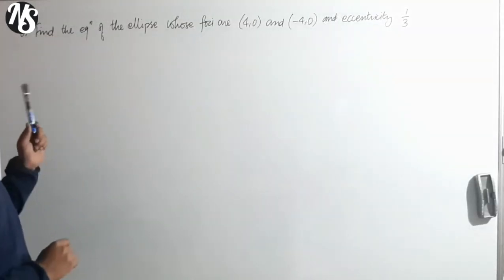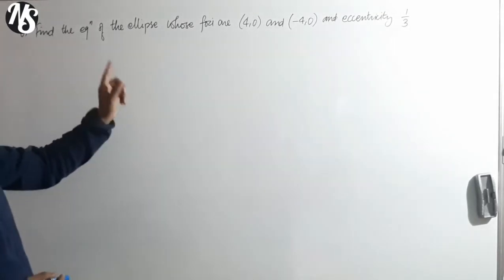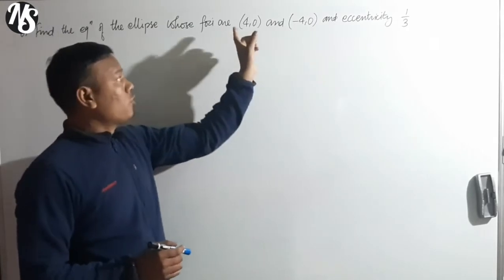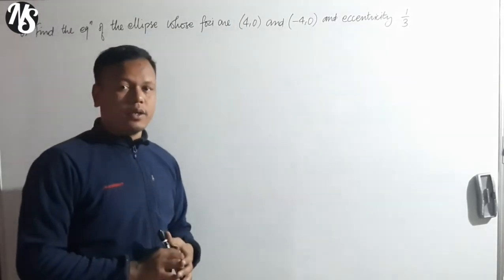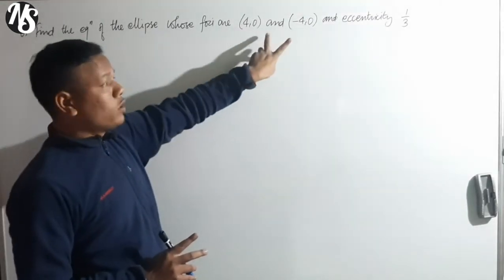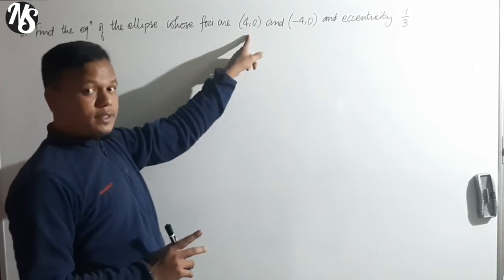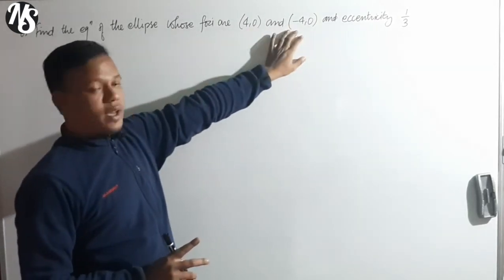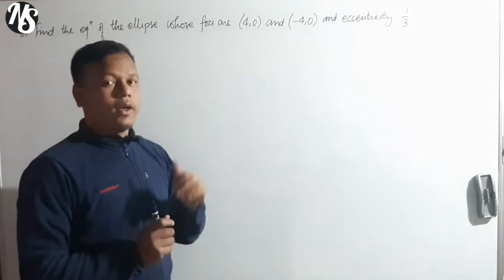Alright, so now we are given this particular question which says find the equation of the ellipse whose foci are 4, 0, minus 4, 0 and eccentricity is 1 by 3. So this time both the foci are given. Okay, so if one focus is given, we need to have one directrix and eccentricity in order to find the equation of ellipse.